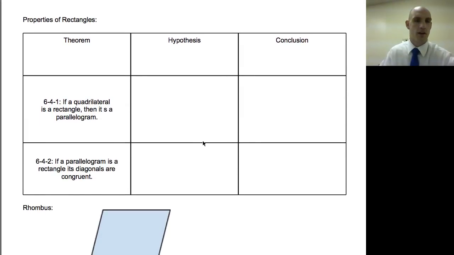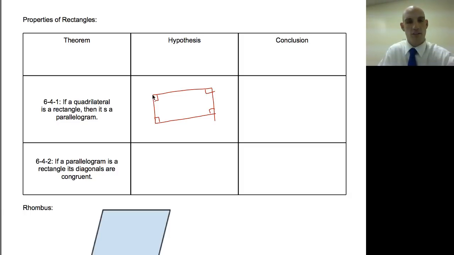Theorem 6-4-1: if a quadrilateral is a rectangle, then it's a parallelogram. Well, we see that if we draw a rectangle in here, we're going to quickly find out that these 90-degree angles at each corner follow the same rules that we know for parallelograms. Consecutive angles are supplementary.